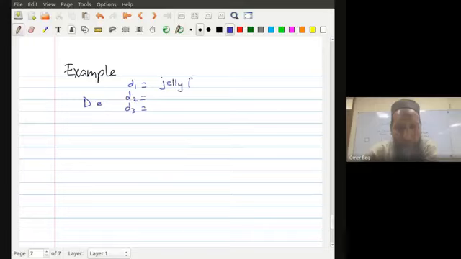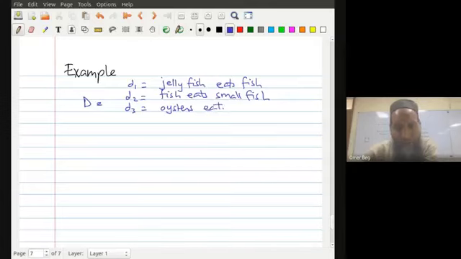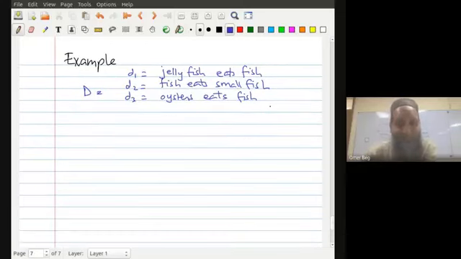Let's say: jellyfish eats fish, fish eats small fish, and oysters eats fish. See? So now I've made oysters something of importance.